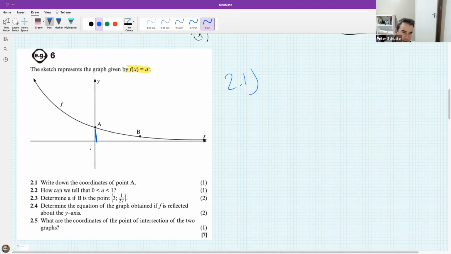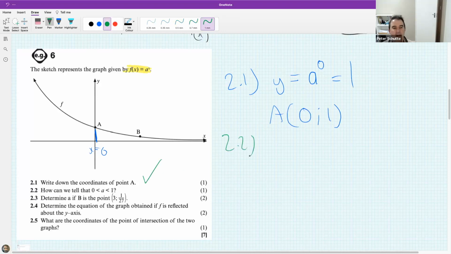A seems to be in line with where x is 0. So to find A, you have to put a 0 here, which gives 1. And so the point A is just going to be (0, 1). All right, so we've done that one.